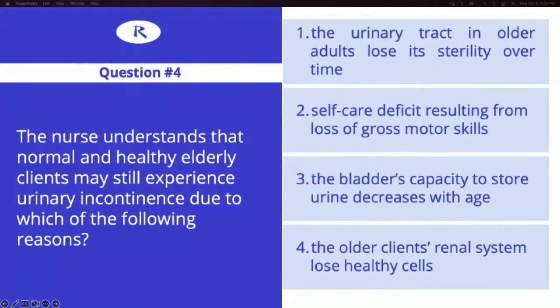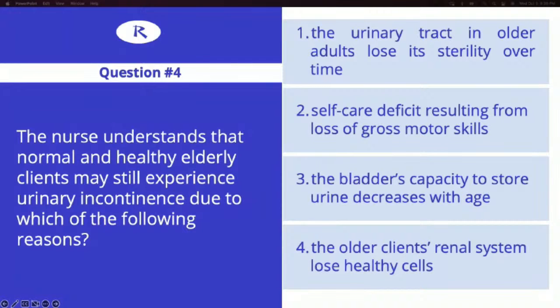Number 1, the urinary tract in older adults loses its sterility over time. 2, self-care deficits resulting from loss of gross motor skills. 3, the bladder's capacity to store urine decreases with age. 4, the older client's renal system loses healthy cells.